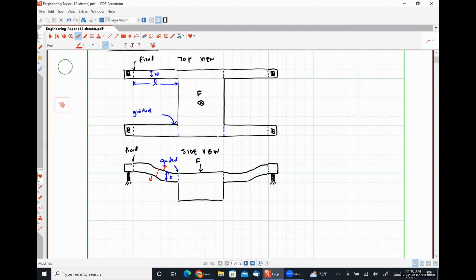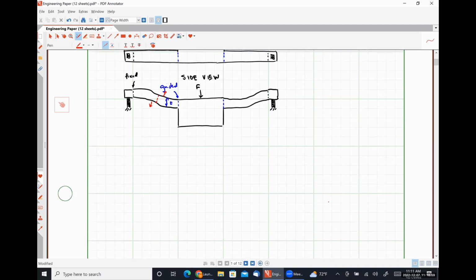Because we're going to treat this system as two cantilevers in series, we first need to very briefly review what the rules are for combining springs, okay? So as a brief guide here, let's talk about Hooke's law for parallel and serial springs, okay?